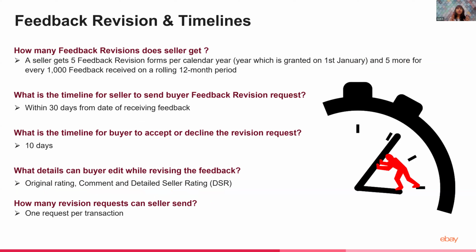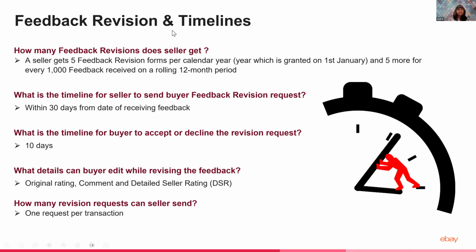First and foremost, a seller is the only one who can ask his buyer to revise the feedback. Second, feedback revision can only happen for a negative or a neutral feedback. Third, it is only the buyer who can make these revisions. So once a request is made and the buyer fails to take action, the request is not going to be considered, and it's going to reduce the amount of requests that you have in your account.